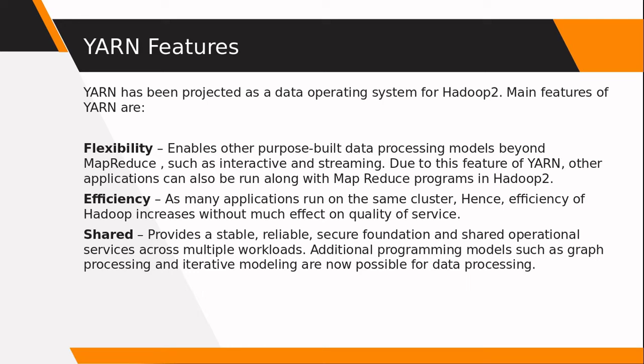Efficiency: as many applications run on the same cluster, the efficiency of Hadoop increases without much effect on quality of service. Shared: it provides a stable, reliable, secure foundation and shared operational services across multiple workloads. Additional programming models such as graph processing and interactive modeling are now possible for data processing.